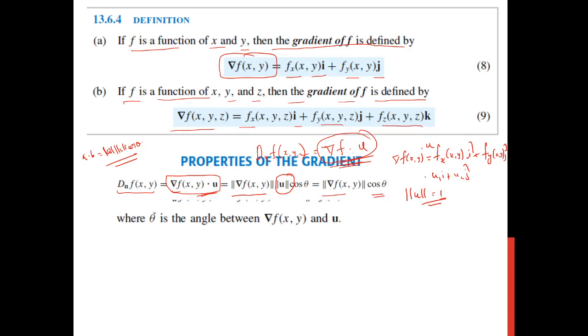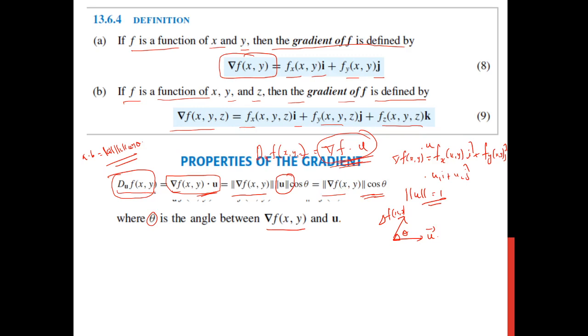Here theta is the angle between the del f vector and the unit vector u. The directional derivative has maximum value because cos theta is always less than or equal to 1.